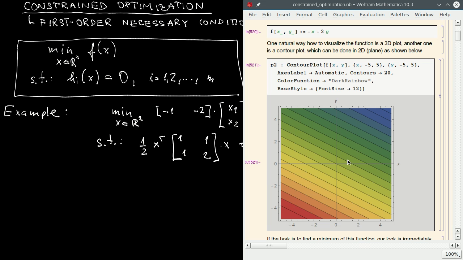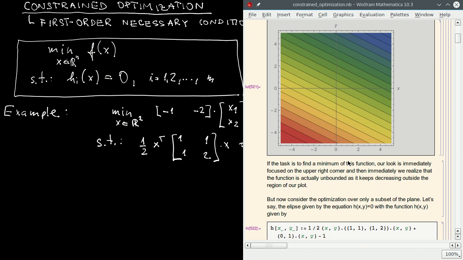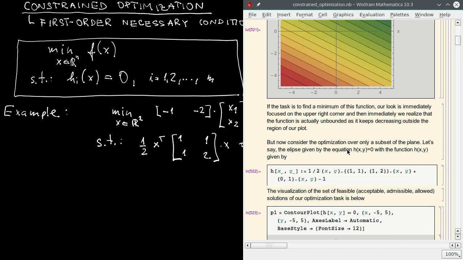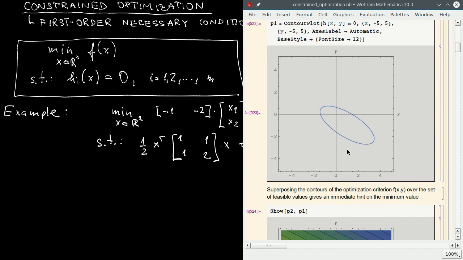Now, so this is the contour plot for the cost function. And now how does the set of all admissible, acceptable or feasible solutions look like? Well, again, no surprise that it's just an ellipsoid. So unlike in the unconstrained case, here we can only think about those x that lie on this ellipsoid or ellipse.